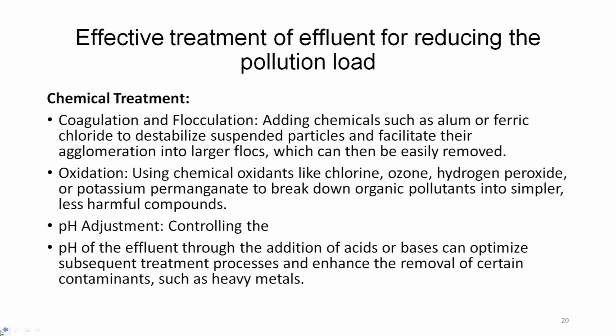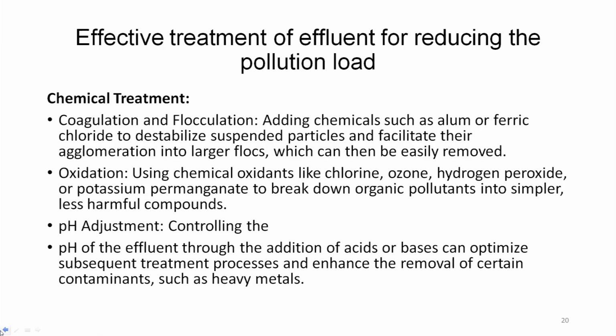Oxidation, using chemical oxidants like chlorine, ozone, hydrogen peroxide or potassium permanganate to break down the organic pollutants into simpler and less harmful compounds. pH adjustment, controlling the pH of the effluent through the addition of acids or bases can optimize subsequent treatment processes and enhance the removal of certain contaminants such as heavy metals.